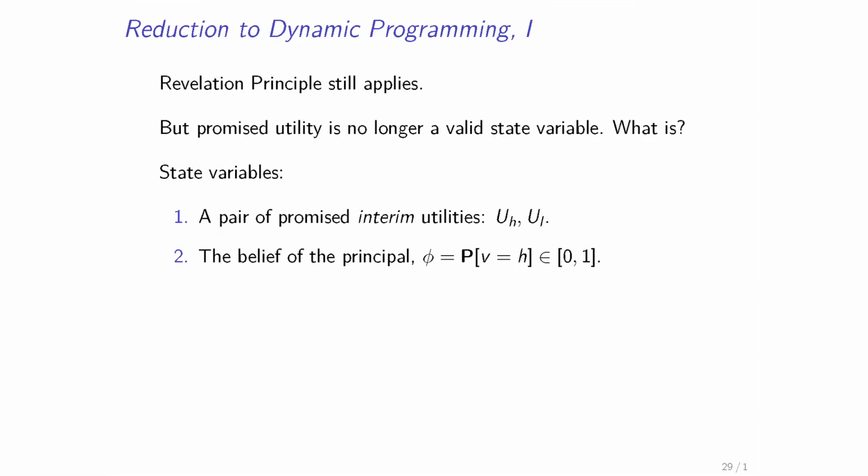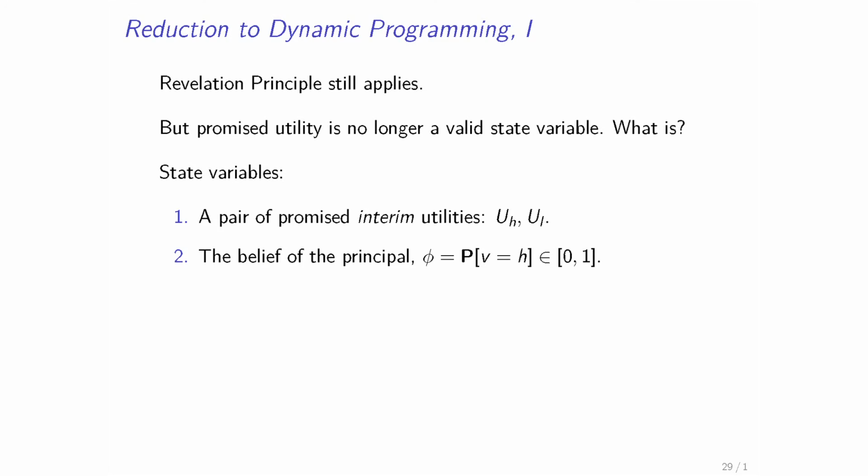Now, still, the revelation principle applies, so we can focus on direct and truthful mechanisms. But the first difficulty we have is that promised utility is no longer a valid state variable. If we fix an incentive-compatible policy from tomorrow on, a high-valued agent today values this policy differently than a low-valued agent today.